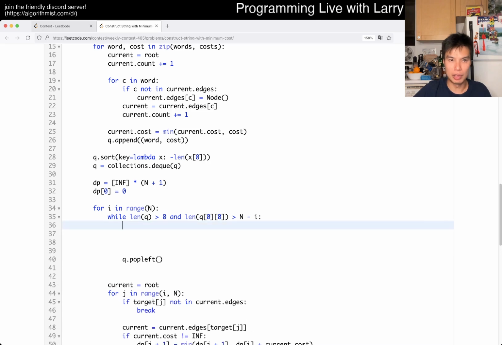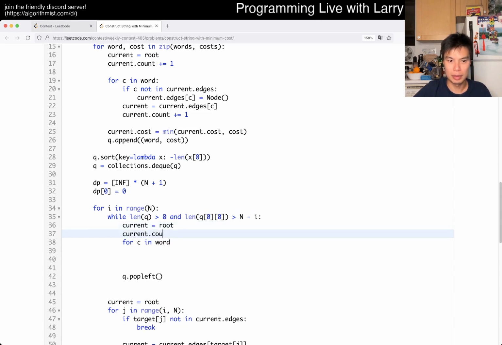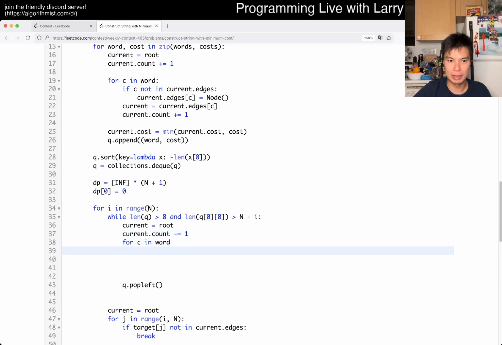So then now we want something like for c in word, we want to subtract this.